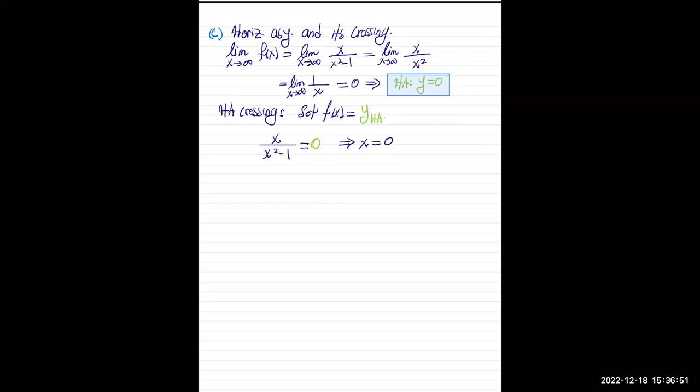And remember, that's also the x-intercept. The horizontal asymptote happens to be y equal to 0. This is really the x-axis.